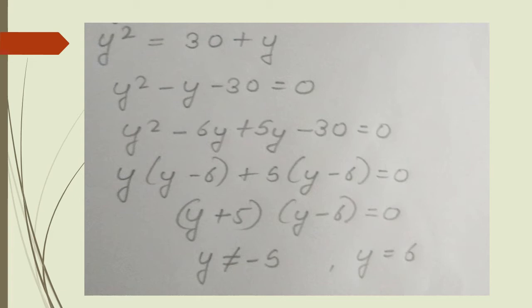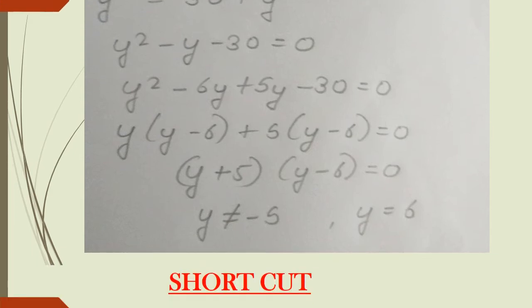The square and the under root sign get cancelled. By rearranging the terms, you get a quadratic equation, and by middle term split, we finally get the answer as y is equal to 6. So this is a conventional method which can be used to calculate the value of that infinite series, but it is a time consuming process. So let's discuss a shortcut for this.